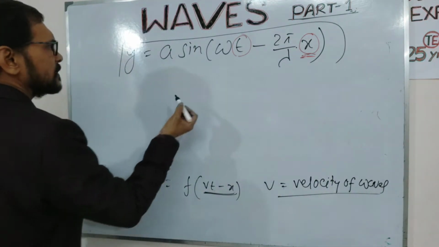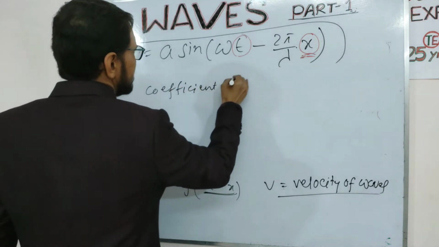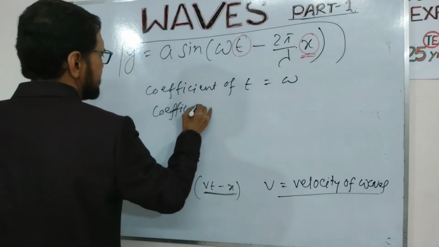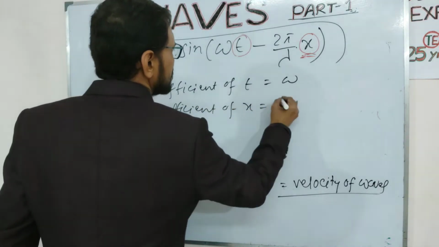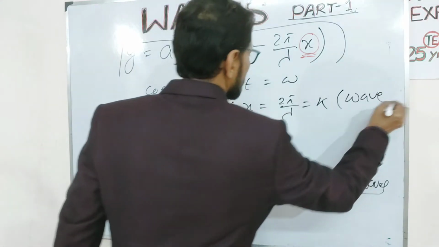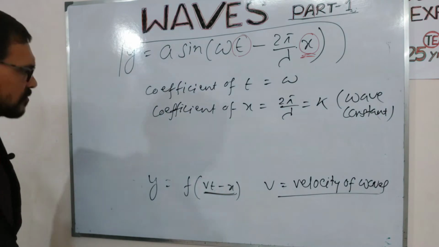Now here the coefficient of t is called omega, and the coefficient of x is 2 pi by lambda, which is k, the wave constant.